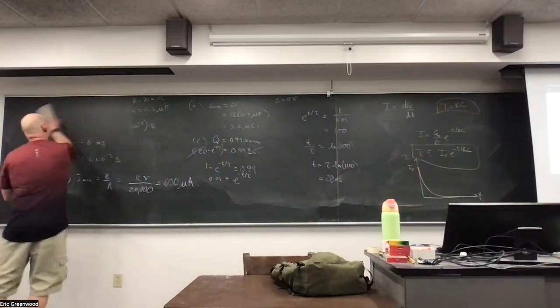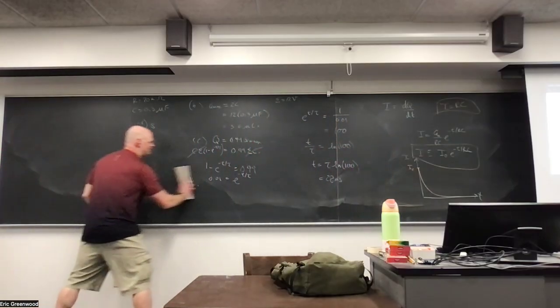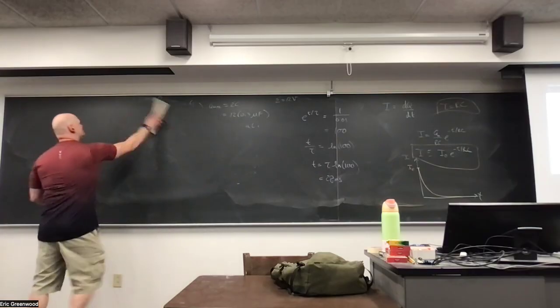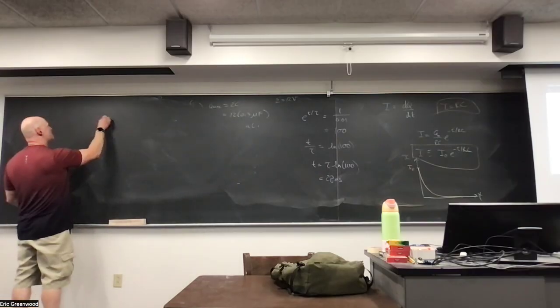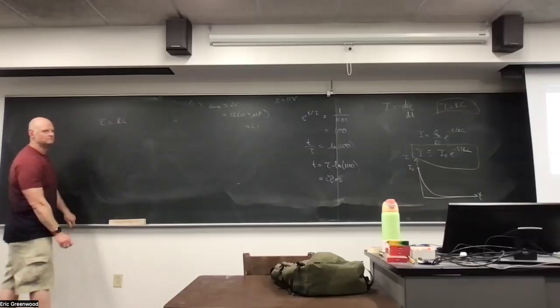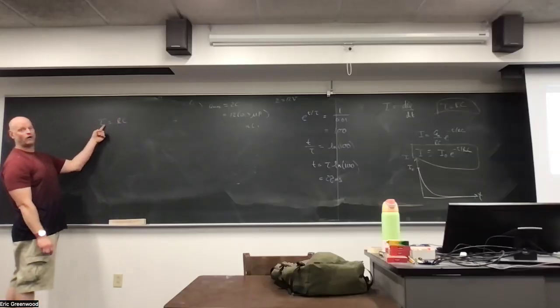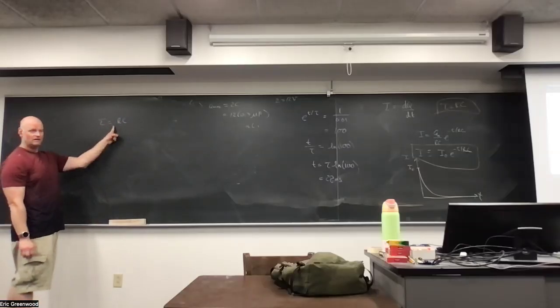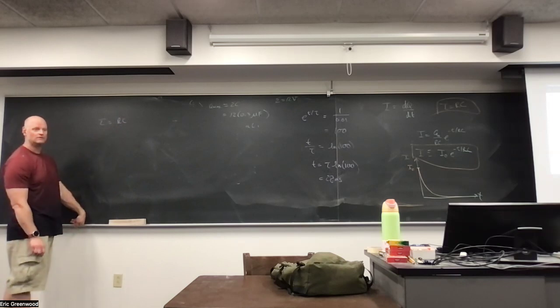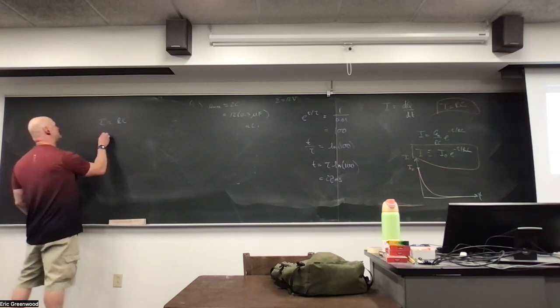This is beautifully easy. So what do we know? We know the time constant tau is simply R times C. In this case, we know tau and we know C. How would we get R? Just divide by C, exactly.